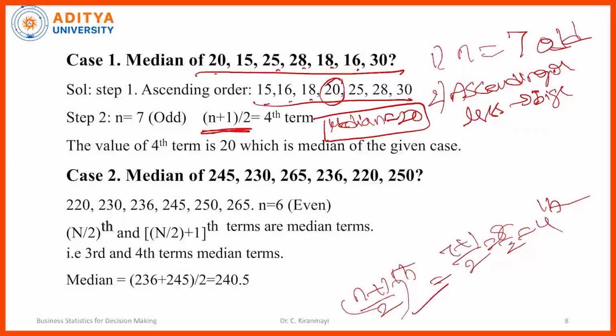Median is 20. So this is how median divides the entire data into two equal parts. On the left side or on the top of the median value, we have all those values which are less than the median value. Here median is 20, so on the left side or on the top of median, we have all those values which are less than 20.